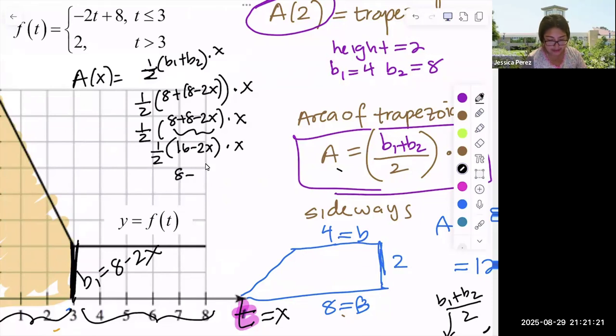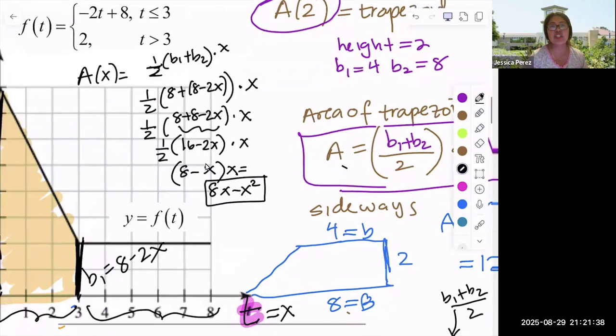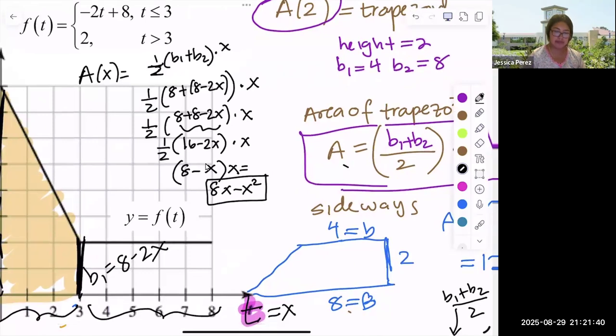This is 8 minus x, and then times x is 8x minus x squared. This is the general formula for the values of x being less than or equal to 3. That is the generalized formula.